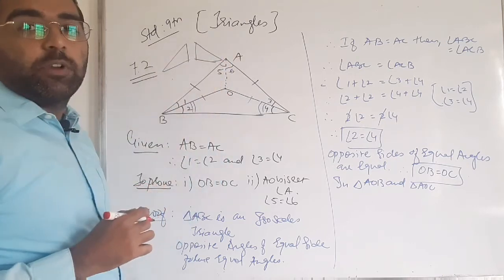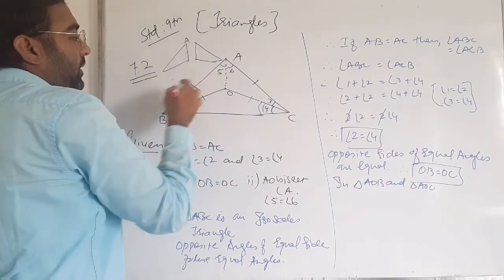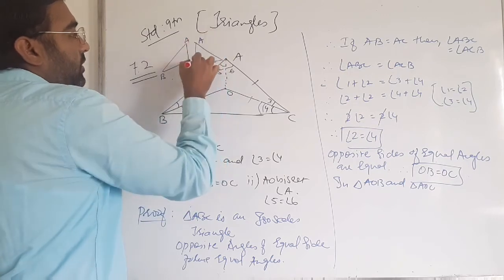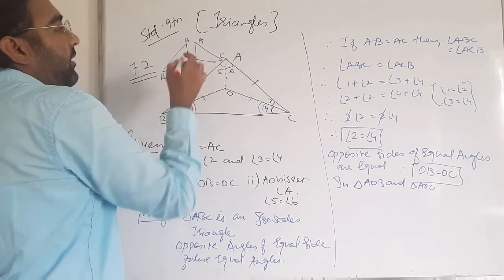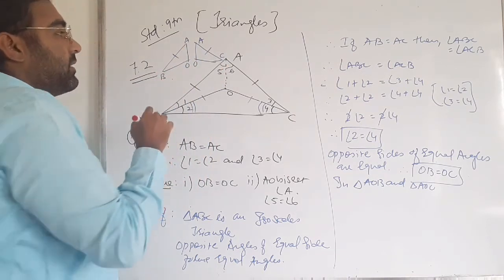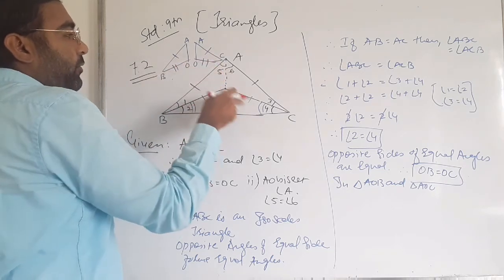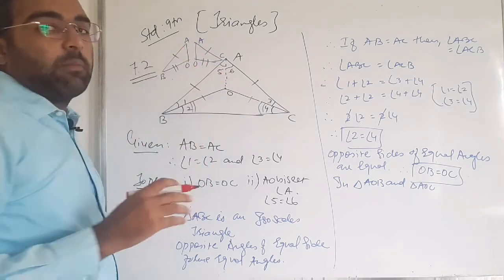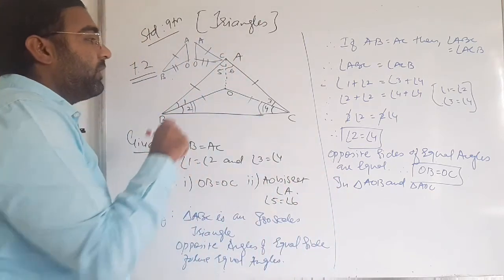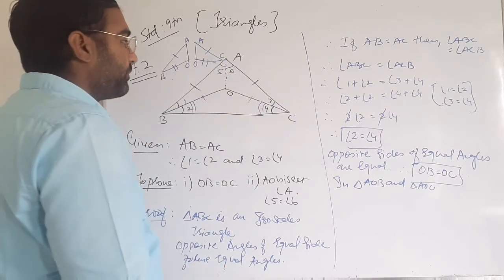In these two triangles, ABO and AOC, AC is equal to AB as given. BO is equal to OC, which we have proved, and AO is common to both. So by the SSS congruency rule, triangle AOB is congruent to triangle AOC.